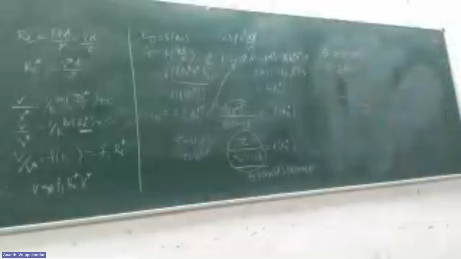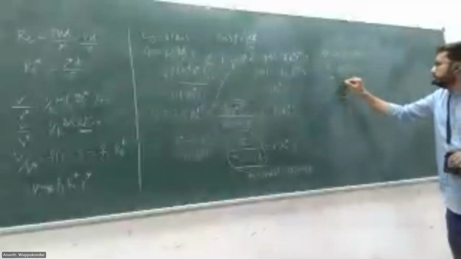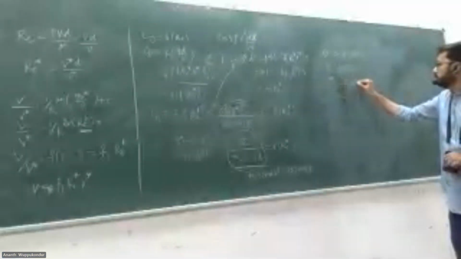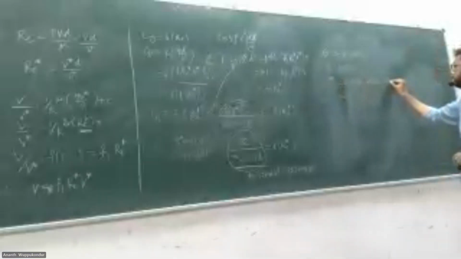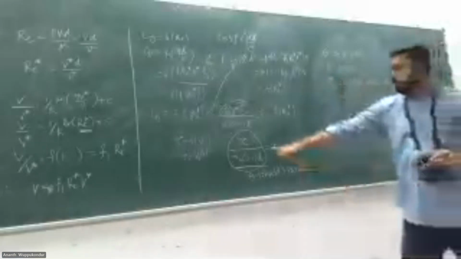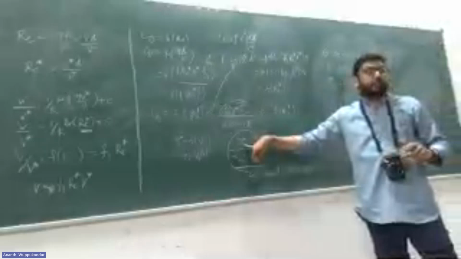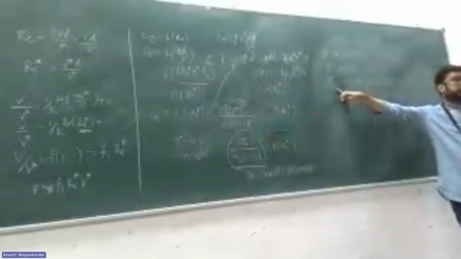The stress for this theta is represented by tau c, and this is called critical shear stress. So tau is the actual shear stress for a given condition, and this is the critical shear stress at which the particles will start to move.